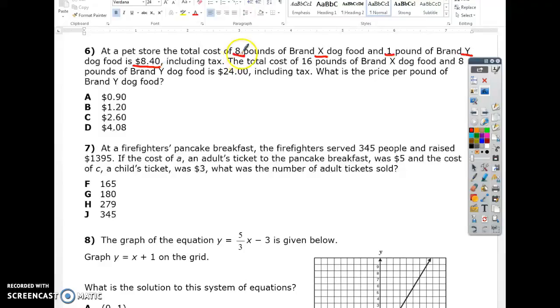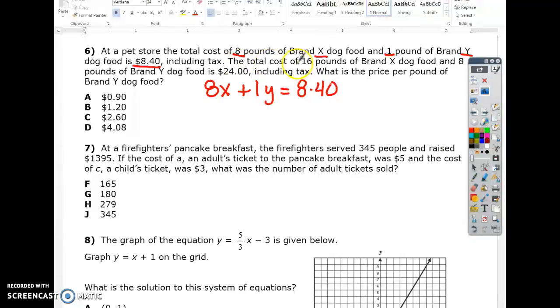Because you're buying 8 pounds of X dog food and 1 pound of Y dog food, and it gives you a total of $8.40. So your equation is 8x plus 1y equals $8.40. Easy? Right? Pretty easy. Okay, the next one. Now this is another day or another person.